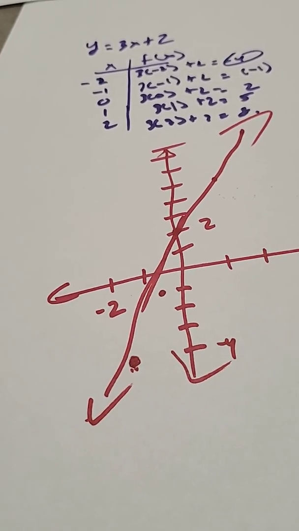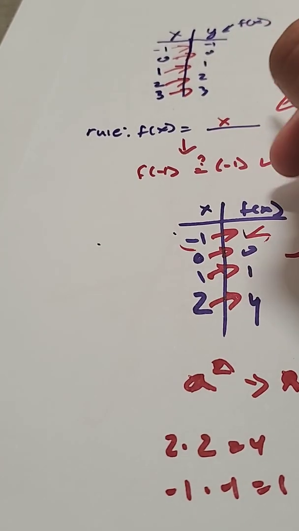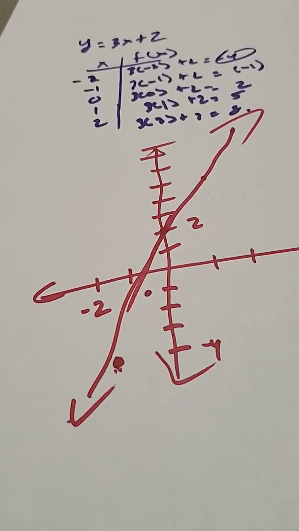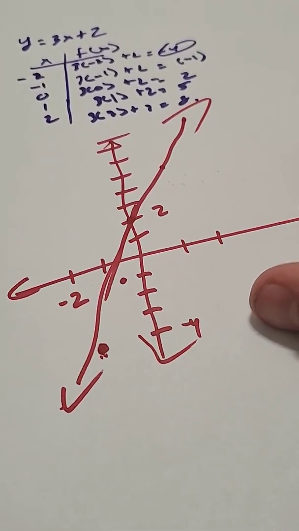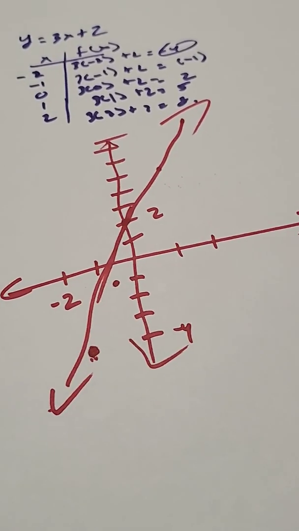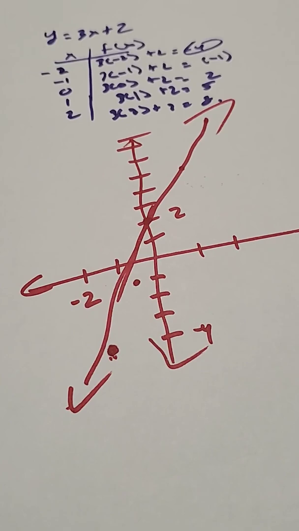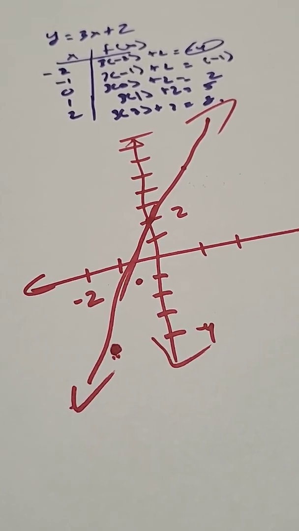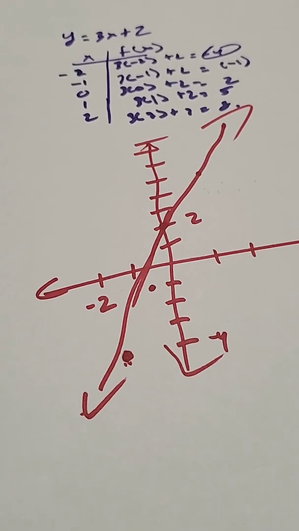We could also write rules based off of the points by finding a general pattern. Also, if we're just given a rule and we're asked to graph the function and you don't know the parent function, you could always plug in random points to see how the graph behaves. I'll see you guys next video.